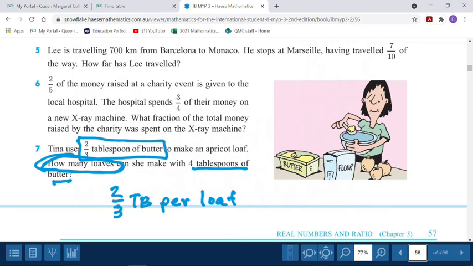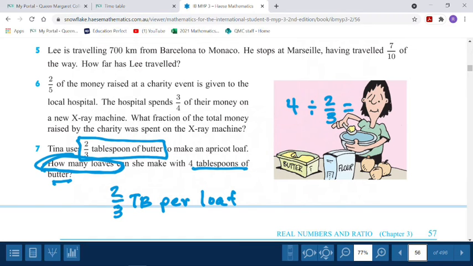But per loaf. So do you see where you can try it out with that word per? And if it works, sentence-wise, then you know it's going to work. Now, that means we're going to divide. I'm going to divide the big amount of butter by the small amount of butter to find out how much butter I need. So it's 4 tablespoons divided by 2/3.